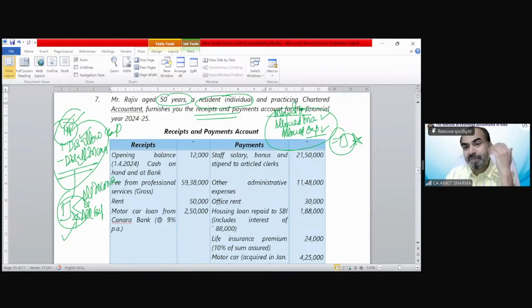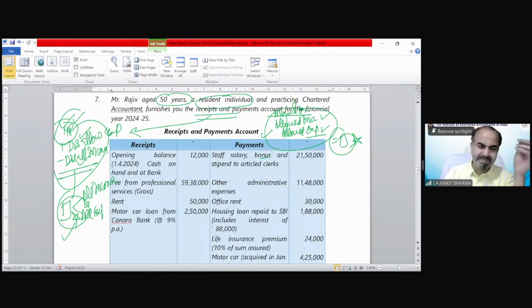Understood? Then why are we applying this format? Because in a receipt and payment account there is multiple information. Capital expenditure as well as revenue expenditure, everything is included. If we used the other format under receipt and payment, it would be a huge calculation, because I would have to add back all the capital expenditure, reduce all capital receipts, and then do the business PGBP plus-minus adjustments.